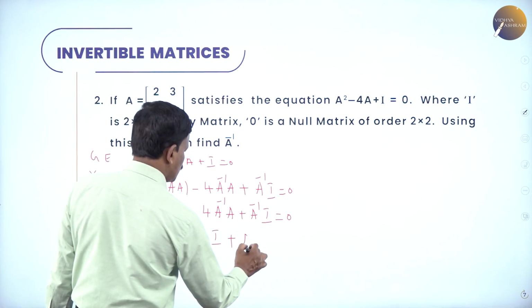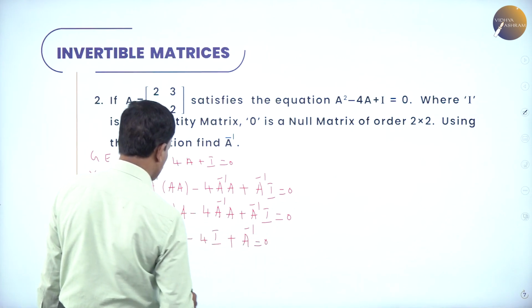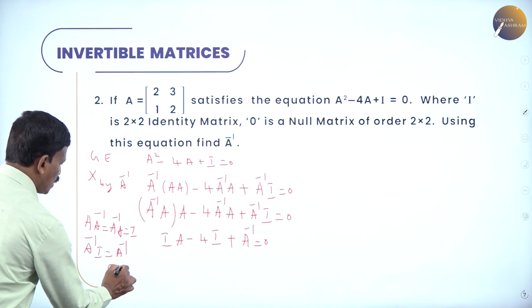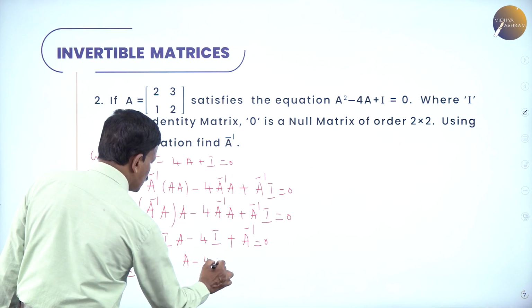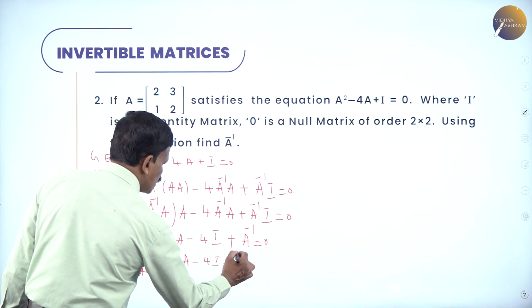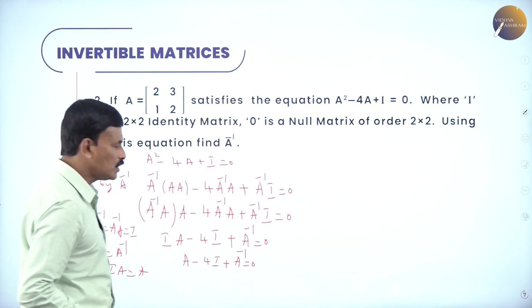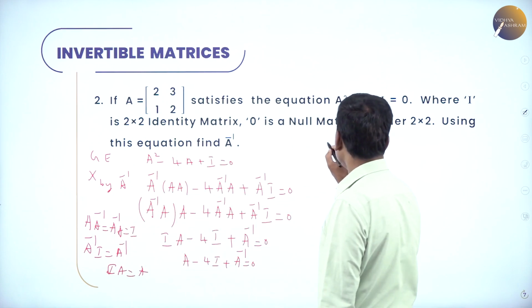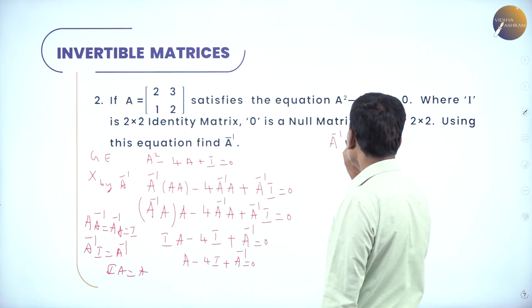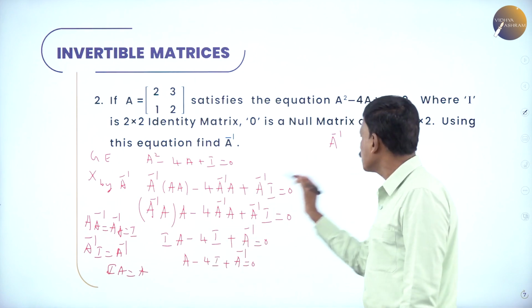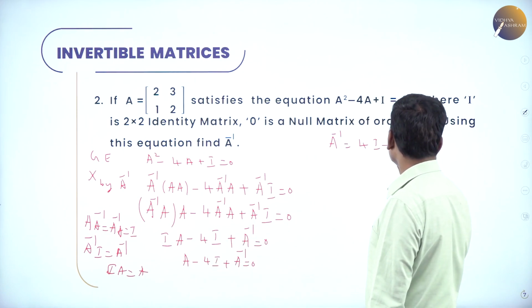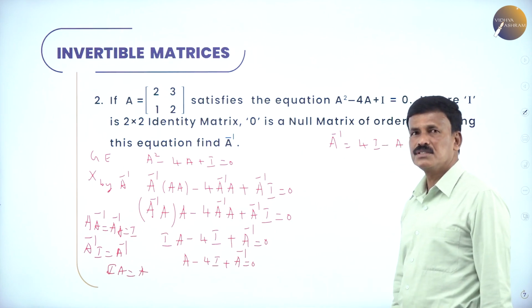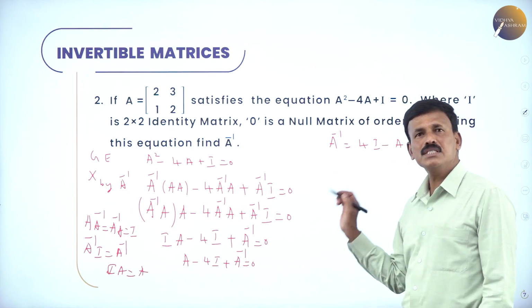Also you know this property, I into A is equal to A. So A minus 4I plus A inverse is equal to 0. Now what is required to find is A inverse. So transfer: minus 4I becomes plus 4I and plus A becomes minus A. That's all. If we simplify this, we will get the answer.